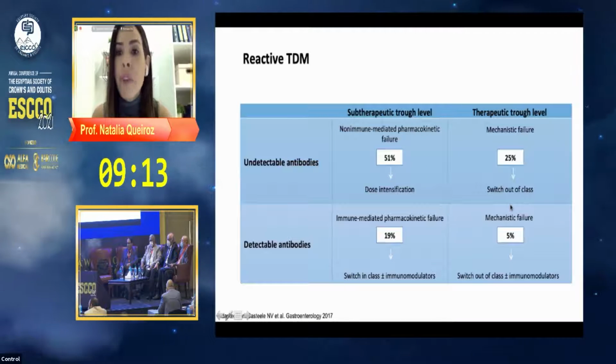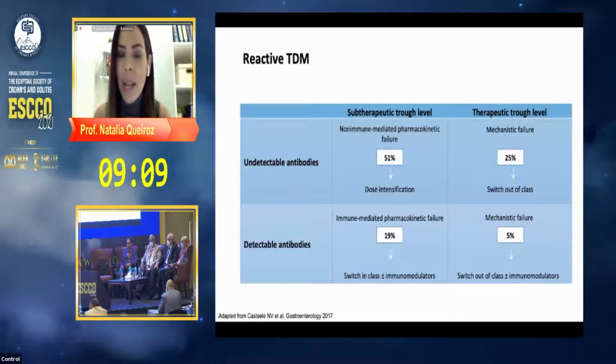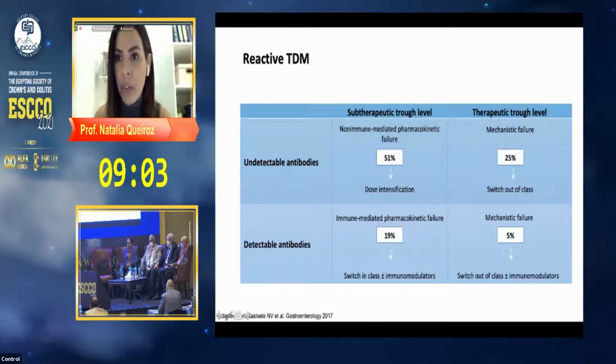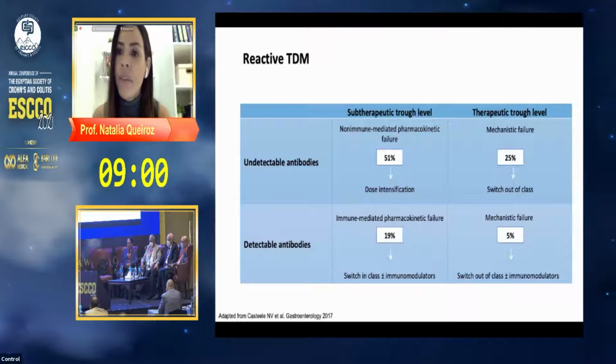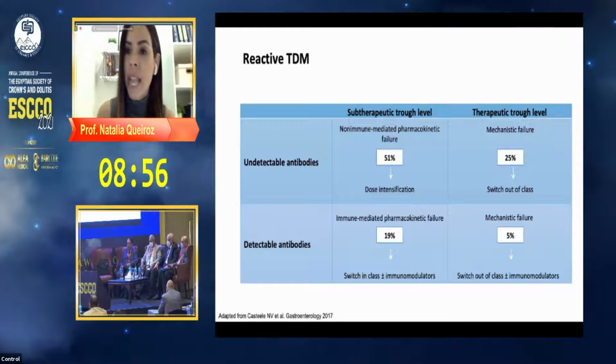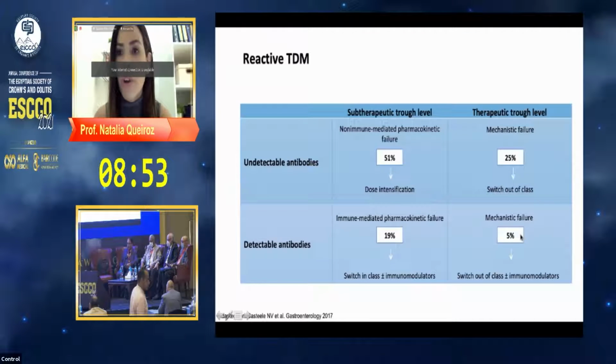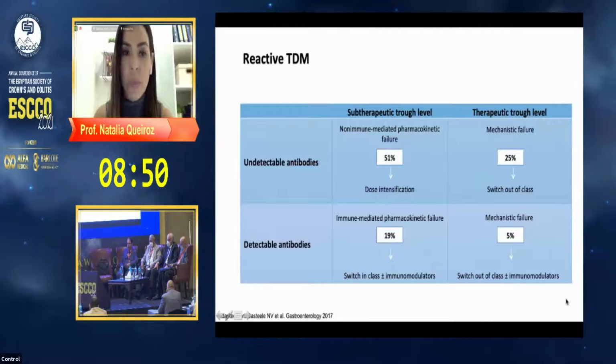But if you have therapeutic trough levels, it really doesn't matter if we have detectable or undetectable antibodies, because this is mechanistic failure. Even with a therapeutic drug level, the patient is not responding to that mechanism. So in that case, we should switch out of class and, in the presence of antibodies, add immunomodulators to the second treatment.